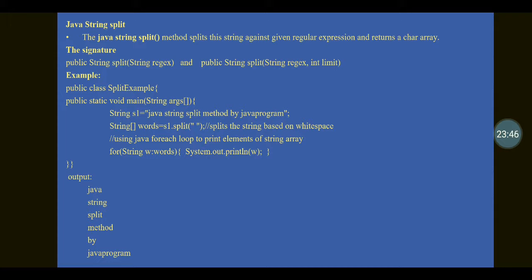It means that in the given string "Java string split method by Java program", the Java will be considered as a separate string, and after the space, the string will be considered as a separate one. And also we have another space, so after the space we have split, which will be considered as one more string, and again space, so the method will be considered as one more string. Similarly by and also Java program.